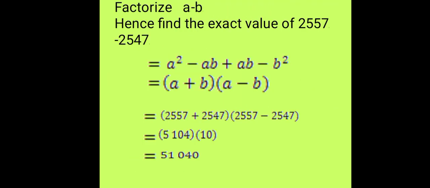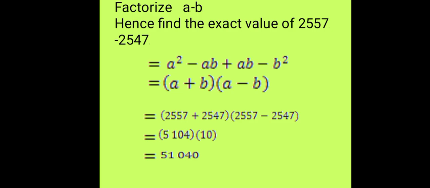Factorize a squared minus b squared. Hence, find the exact value of 2557 squared minus 2547 squared. Now, if we factorize that expression, we get a plus b multiplied by a minus b.